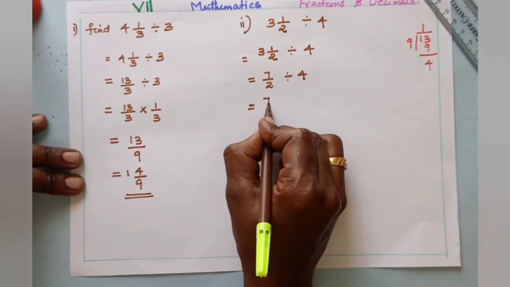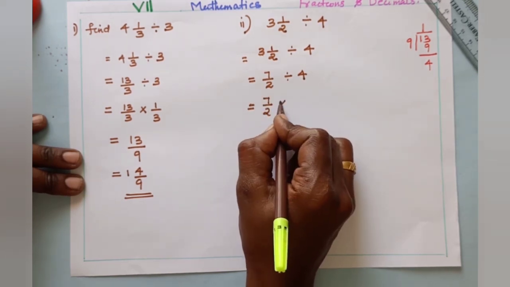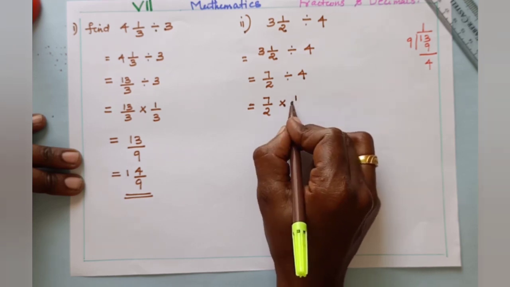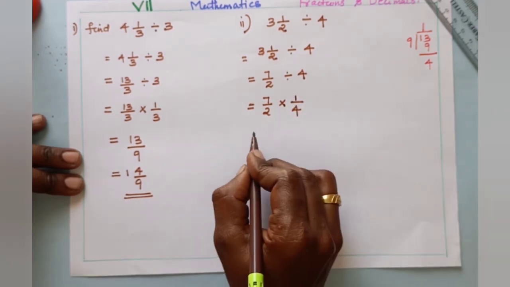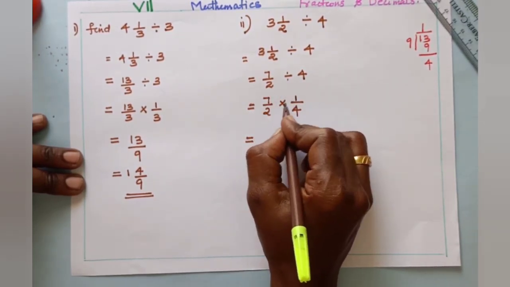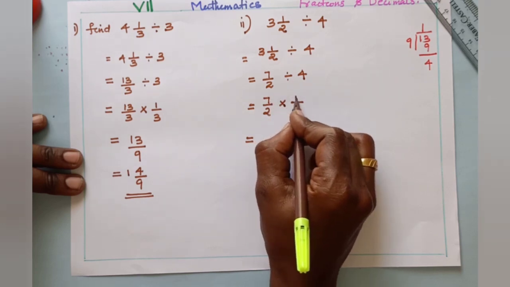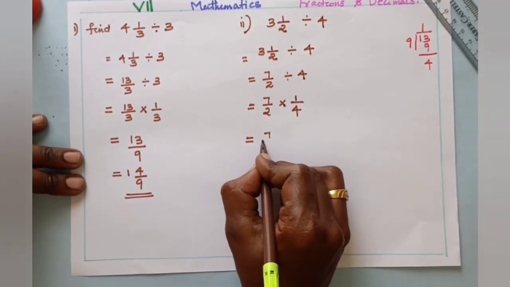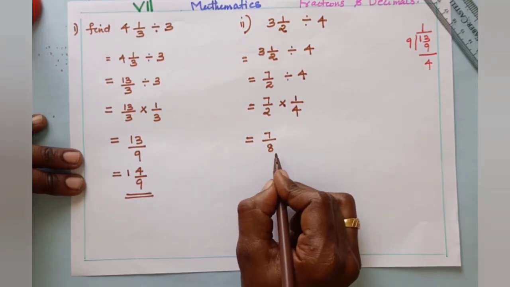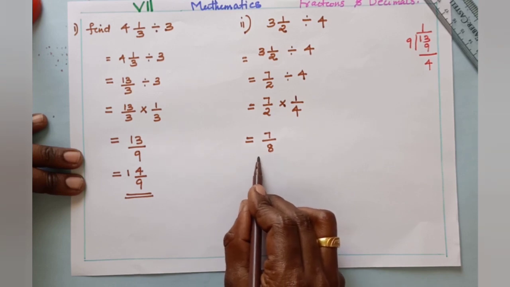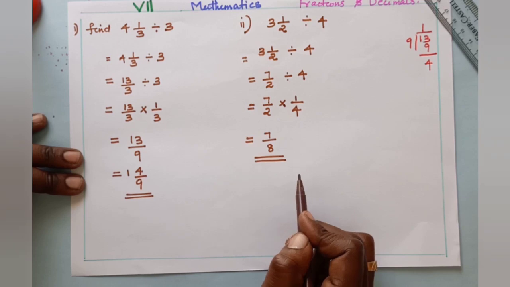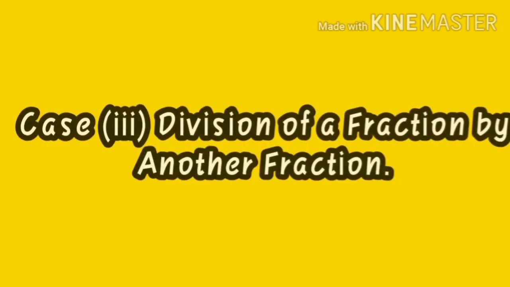Then multiply. 7/2, division changes into multiplication. The multiplicative inverse of 4 is 1/4. Multiply fraction by fraction. So multiply the numerators, 7 into 1, 7, and the denominators, 2 into 4, 8. 7/8. See, 7/8 is a proper fraction. So the answer is 7/8. Clear all of it?